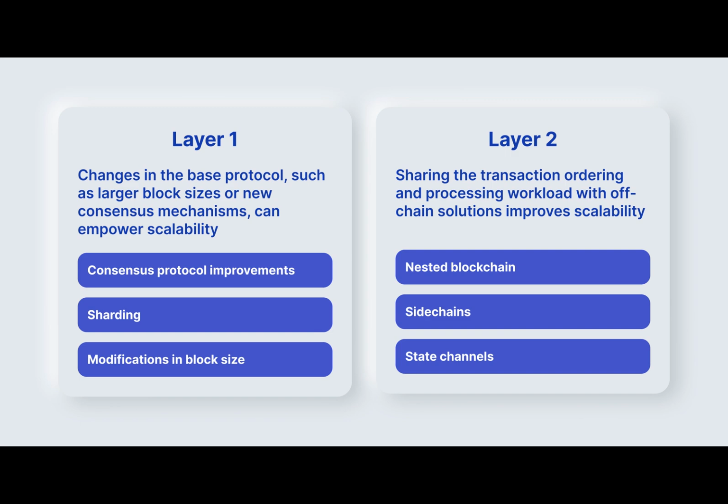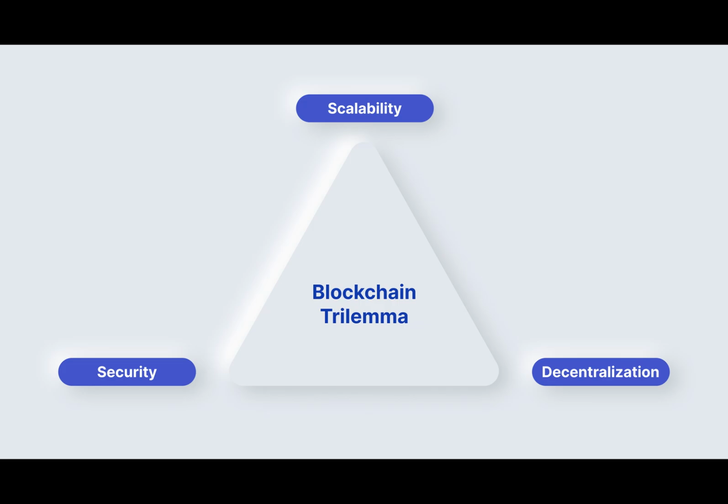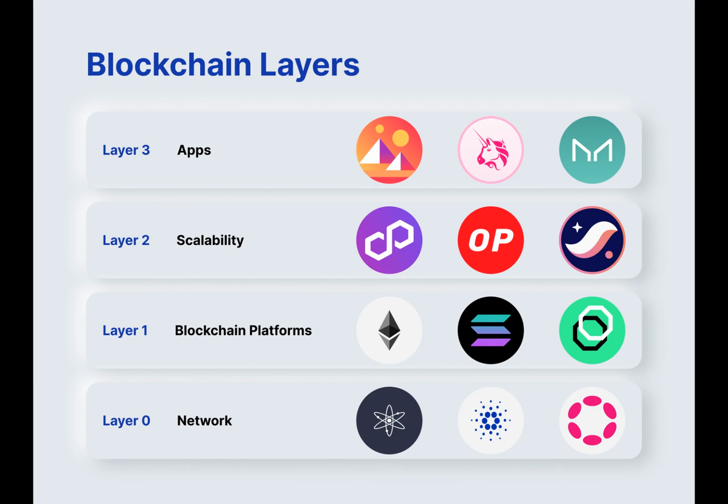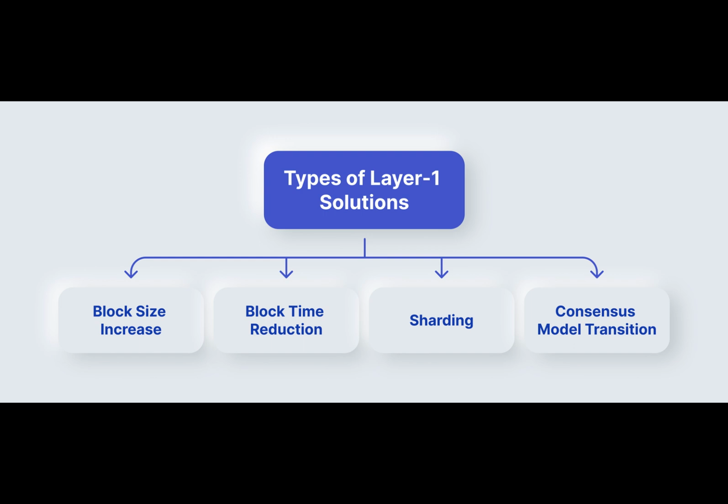Renowned examples of Layer 1 scaling solutions at work include Ethereum's shift from PoW to PoS in its Ethereum 2.0 upgrade, coupled with the implementation of shards; Cardano's unique Ouroboros Proof-of-Stake consensus mechanism, designed for scalability without sacrificing security; and Bitcoin's implementation of Segregated Witness, or SegWit, which helped to optimize the space within each block, indirectly allowing more transactions.